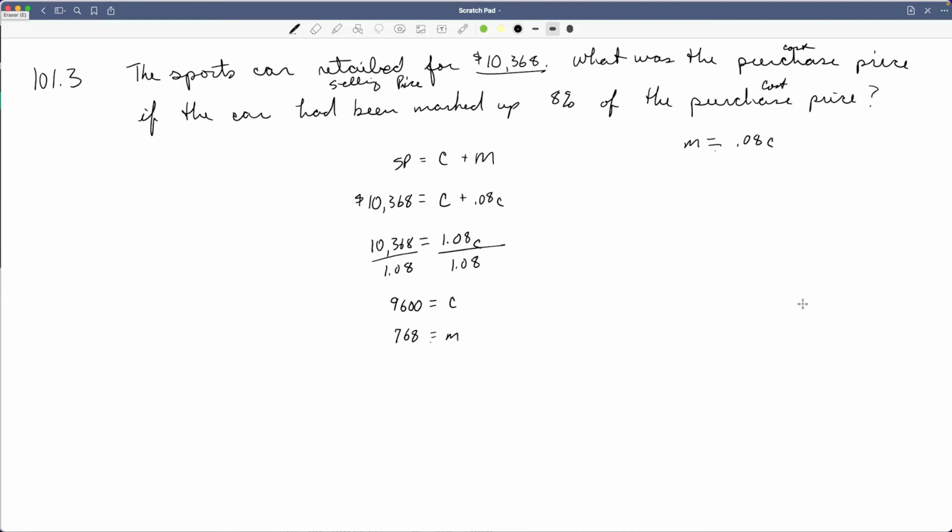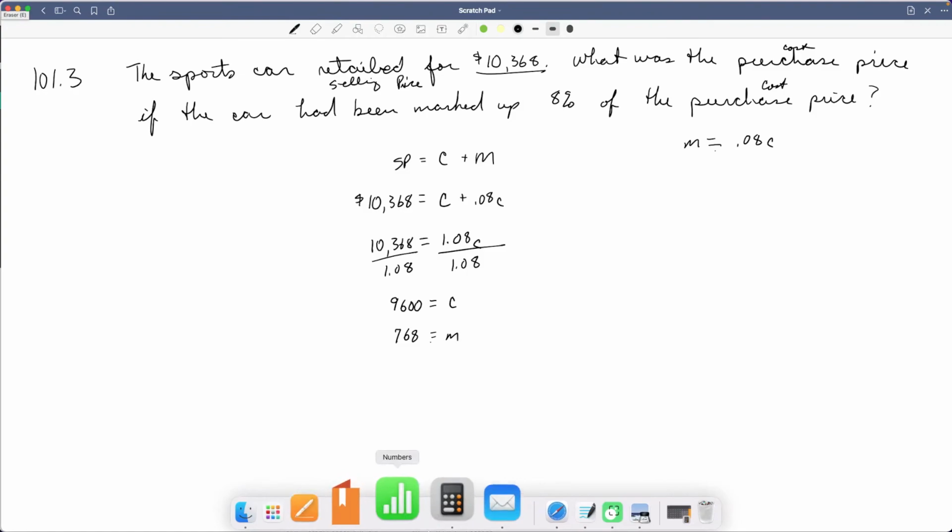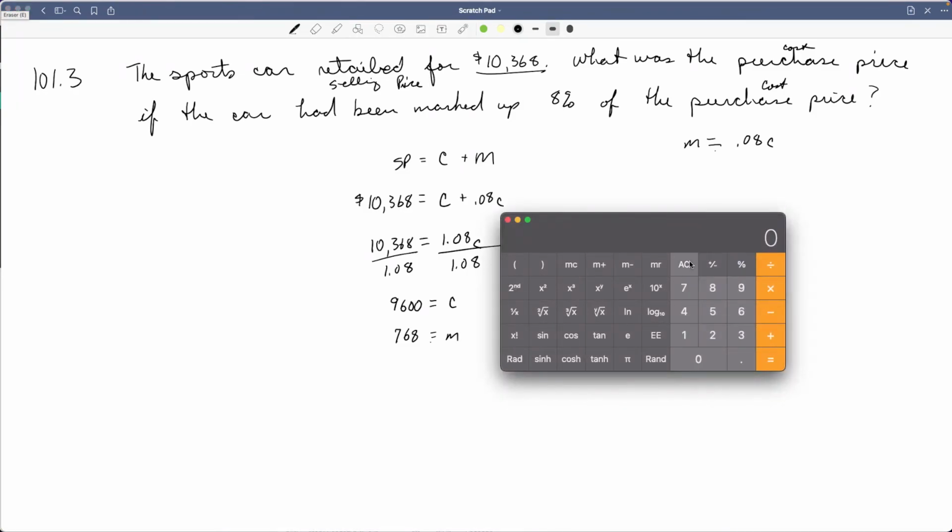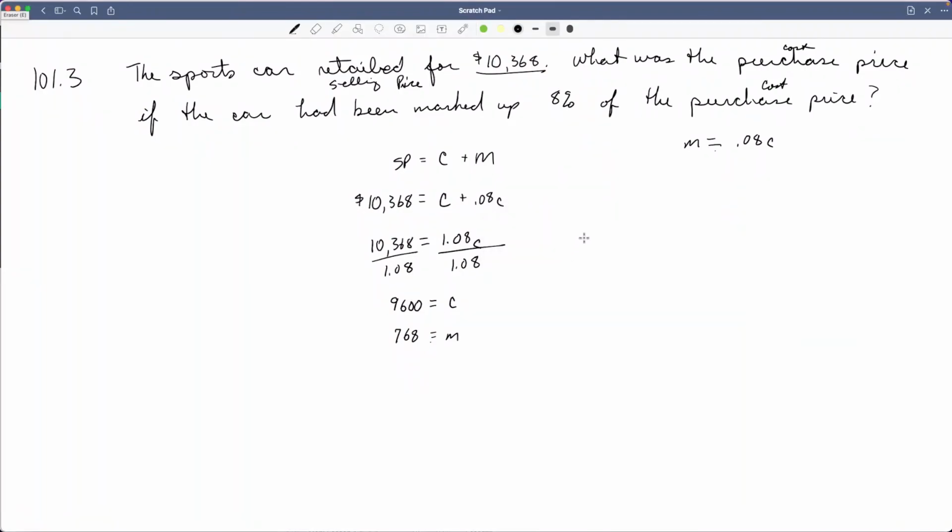All right. You can also get that number by saying 9,600 times 0.08, which gives you 768. Or you could just add to double check the figures, and there you go. And that's part of checking your work. You need to always do that.